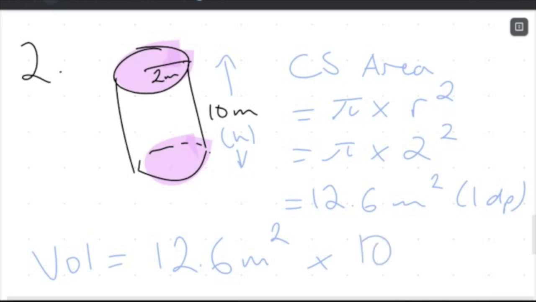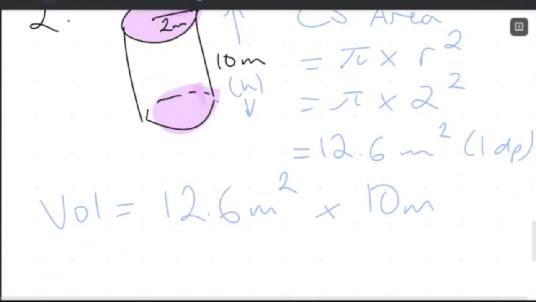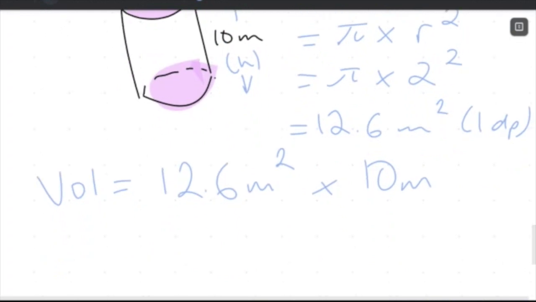So I multiply that by 10 meters. And once I do that, I'm going to get 126 meters cubed. And now, because I just rounded this to 1 decimal point here, when I multiply this by 10, I'm just going to get an integer. This is just what happens when we round.